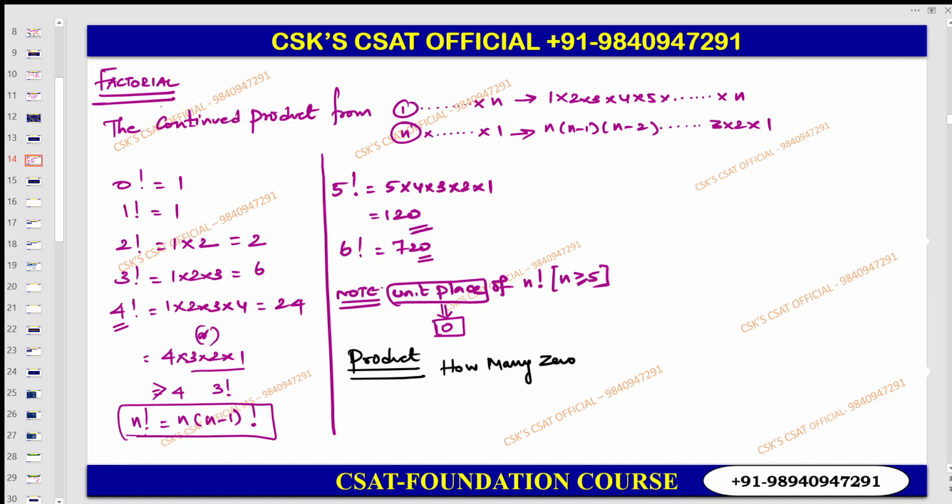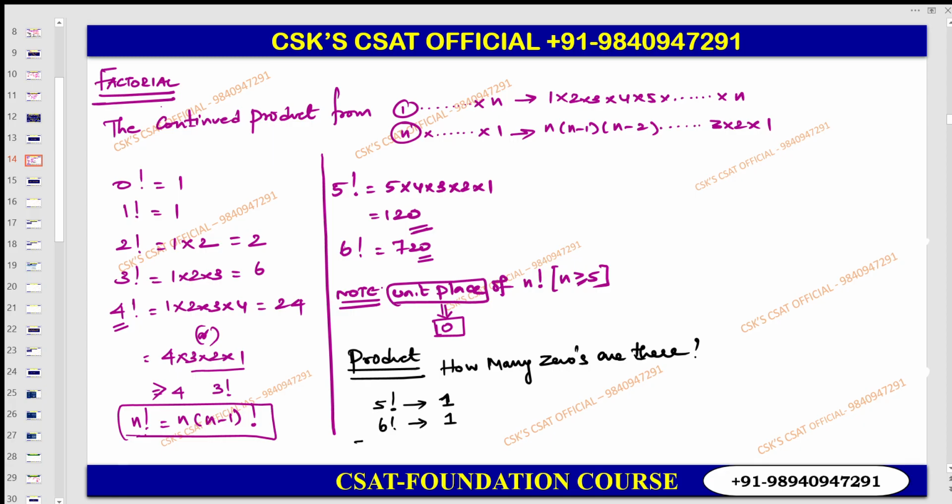This concept you also need to understand. Up to 4 factorial, there are no zeros. 5 factorial contains 1 zero, 6 factorial contains 1 zero.